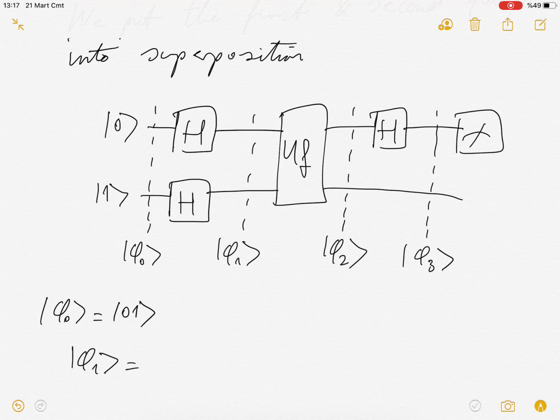So 0 will be transformed into (0 plus 1) divided by square root 2, which is simply hadamard 0. And in the second qubit, we have the negative phase superposition, hadamard 1.